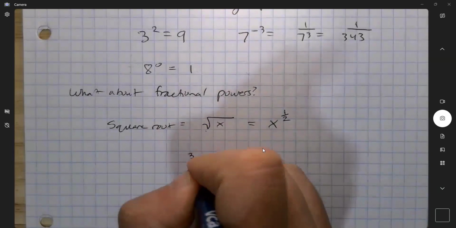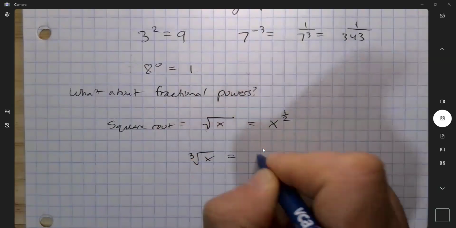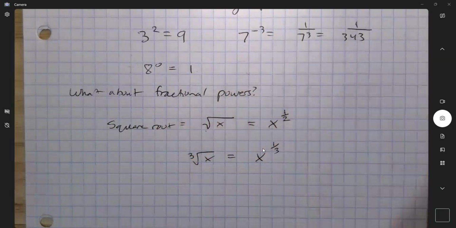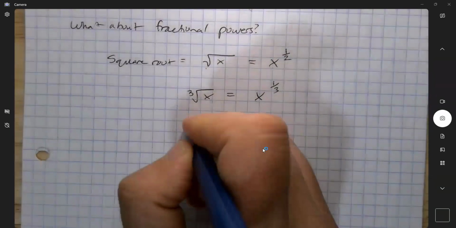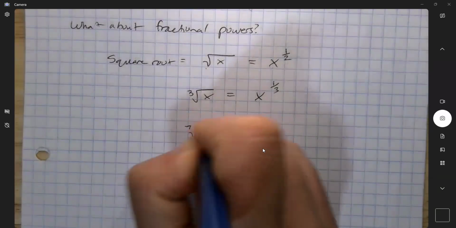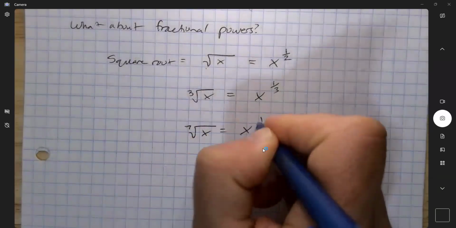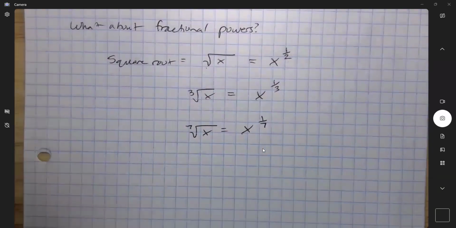If I want a cube root, that's to the 1/3 power. If I want a 7th root, that's x to the 1/7 power.